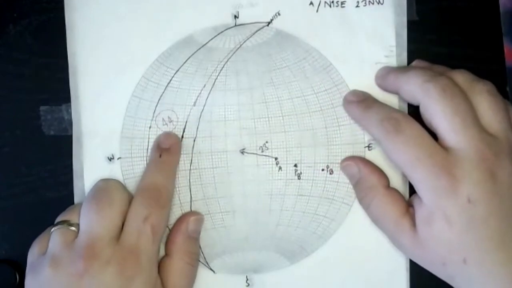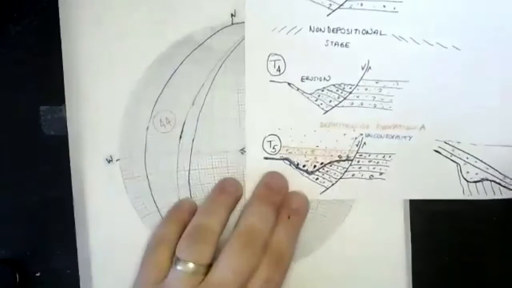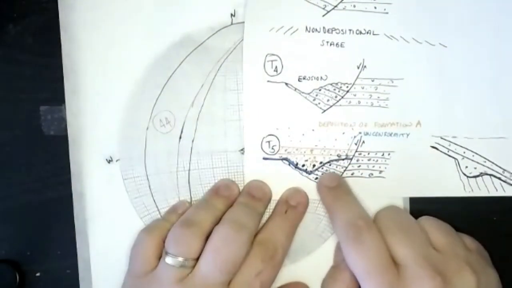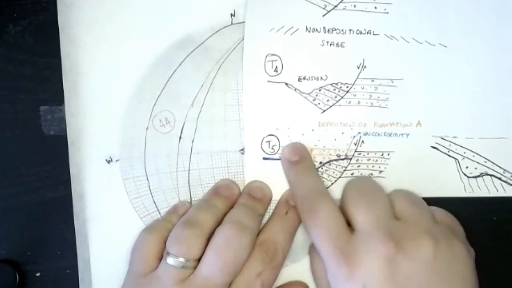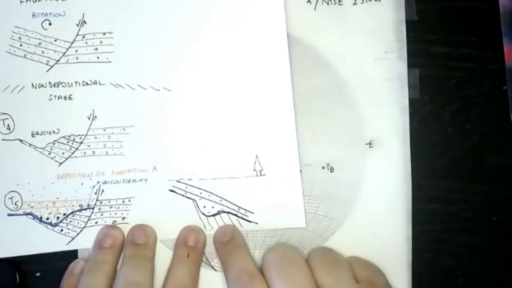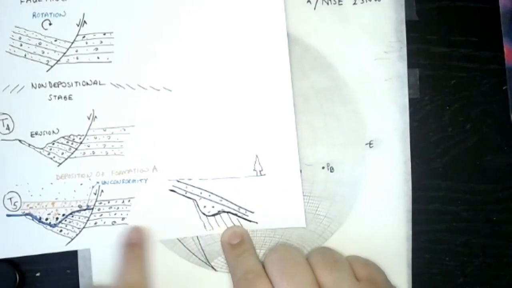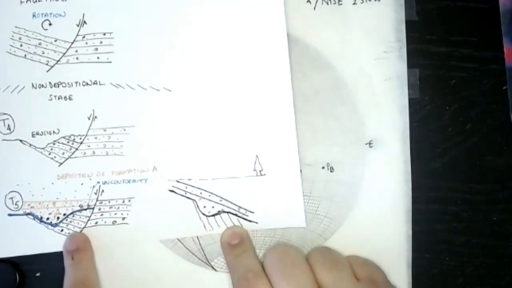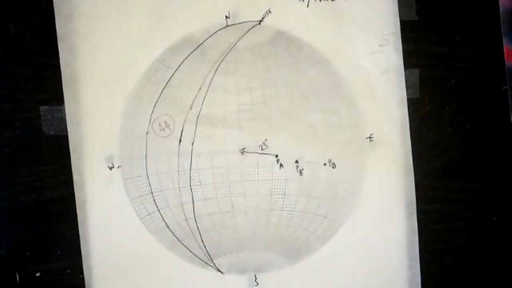So the dip angle of this formation was 44 when formation A was forming in horizontal layers. And then after the second rotation, the layer became this one, which has a 58 degree dip angle. So we basically restored this deformation with StereoNet. That means there was a rotation of 11 degrees in this region.